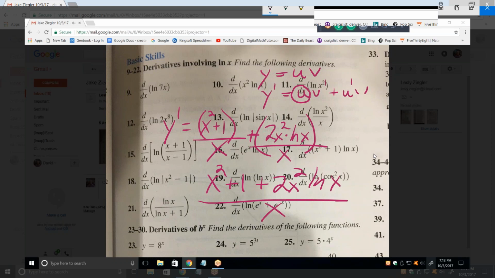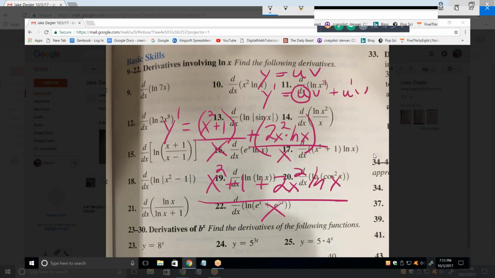Now, for some reason, I was thinking I could simplify that. I can't really simplify it. I cannot combine this x squared and this 2x squared, because this 2x squared is multiplying natural log of x. I thought I could when I first looked at it, but upon second glance, I can't simplify that at all.